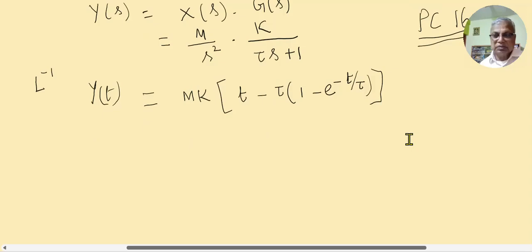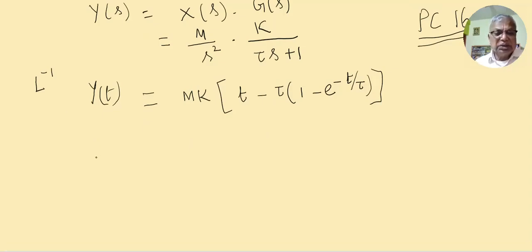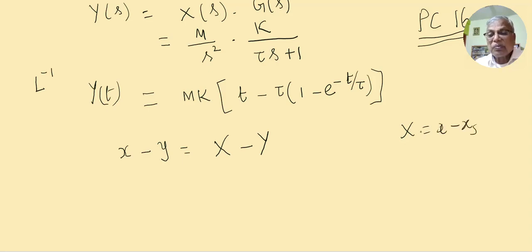The difference between the indicated temperature and bath temperature. The bath temperature is x, the indicated temperature is y. What is x minus y? That's all. Now small x minus small y is the same as capital X minus capital Y. You will agree with me because capital X is x minus x's and capital Y is y minus y's, and x's and y's are equal.